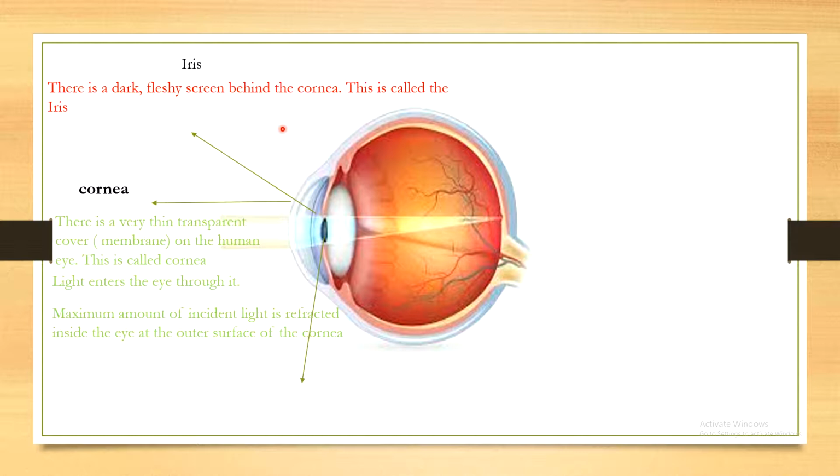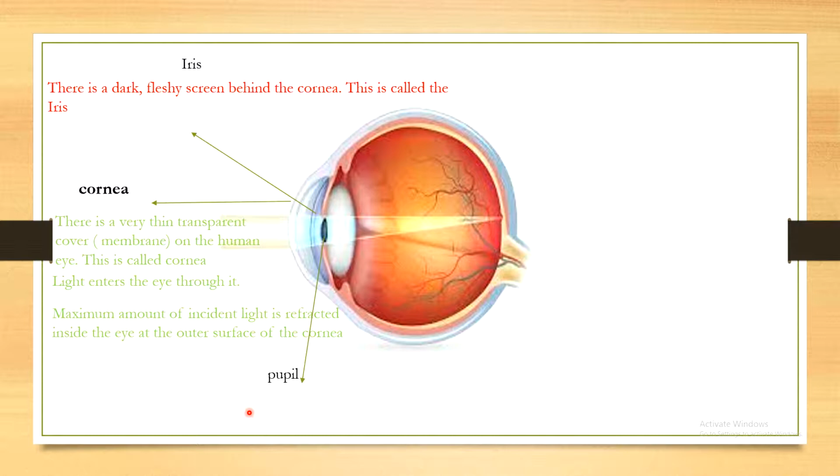Now behind this iris there is a small hole, and this hole can change its diameter, which is at the center of the iris. So this is called the pupil.